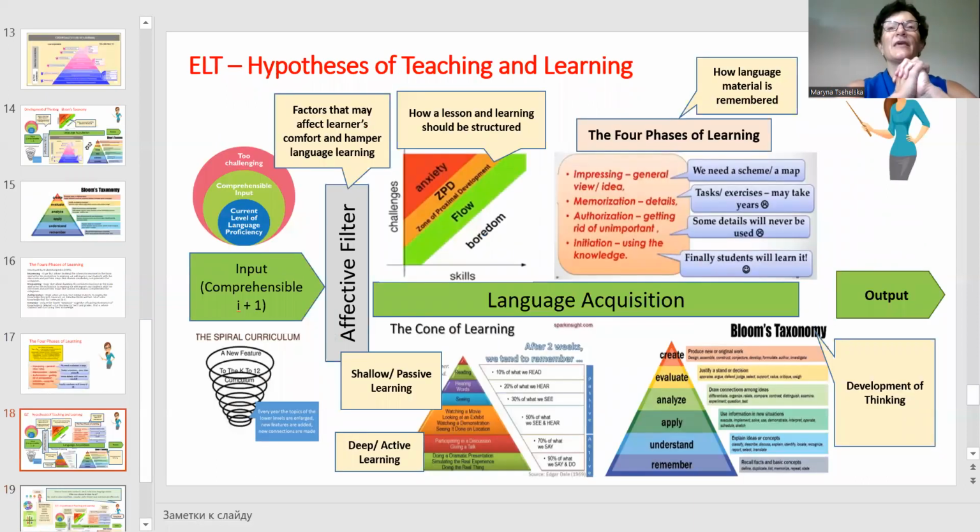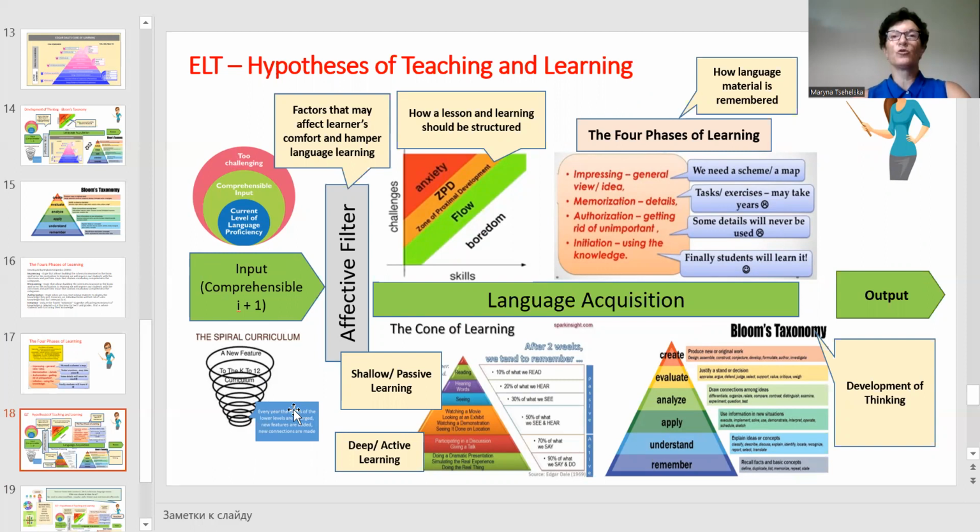So finally, we have this rather complicated schema that shows us all hypotheses of teaching and learning. Once again, we prepare material, and we prepare this language material to be comprehensible. We think of the comprehensible input, and we also remember about the spiral curriculum.